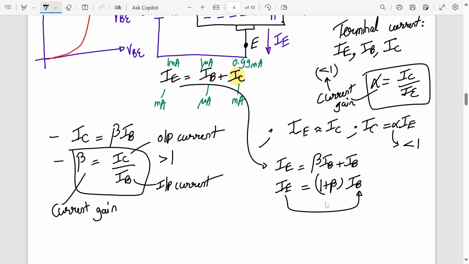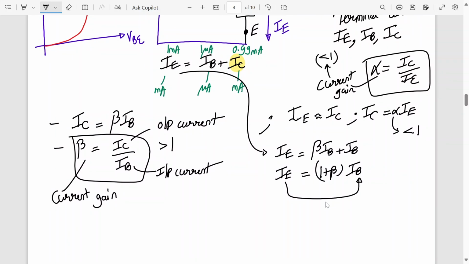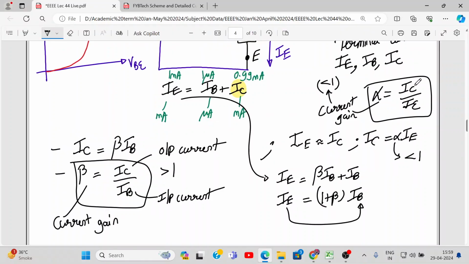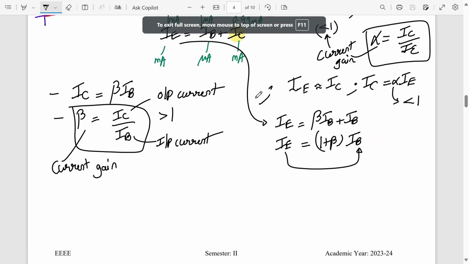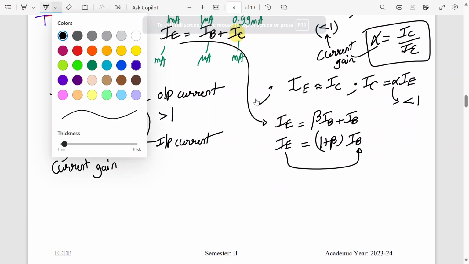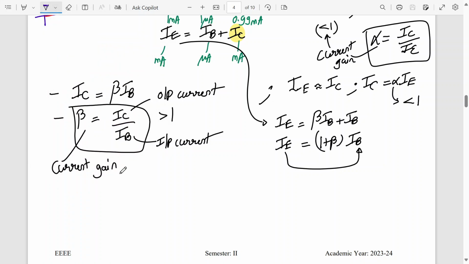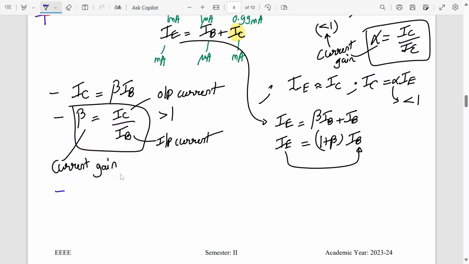Okay, this way we can do it, or else we can also derive it the other way around. These are the definitions of the currents. So I can rewrite this equation as follows. IE is IC plus IB.